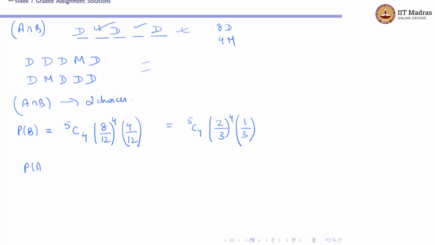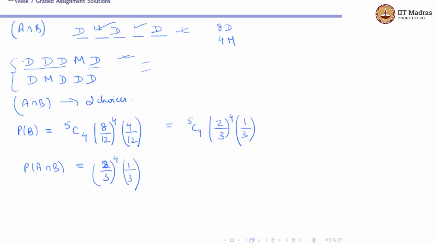What is the probability of A intersection B? You know that 4 chocolates in the sample are dark, so the probability, if it is this arrangement, is 2 by 3 to the power 4 and 1 by 3 for milk.